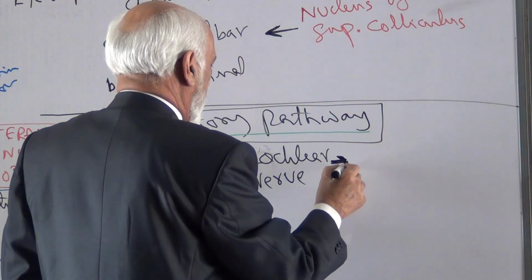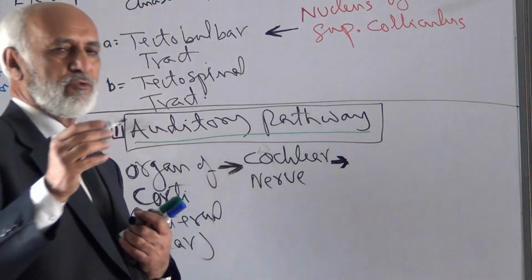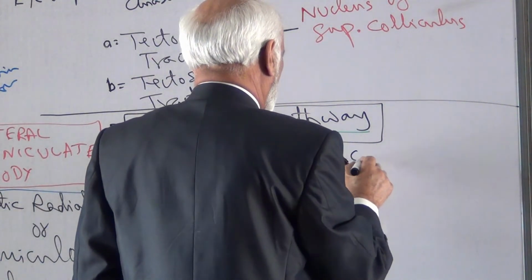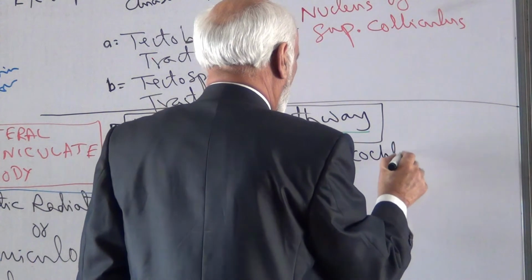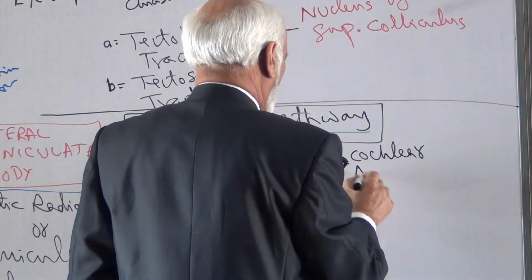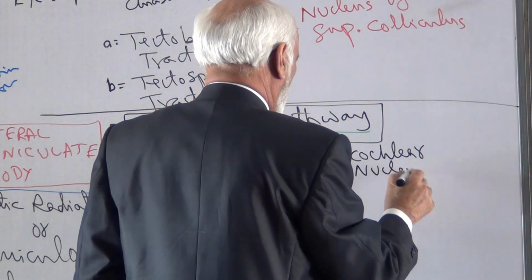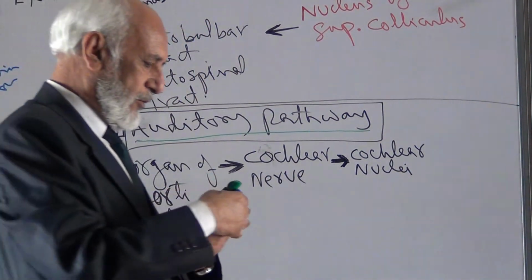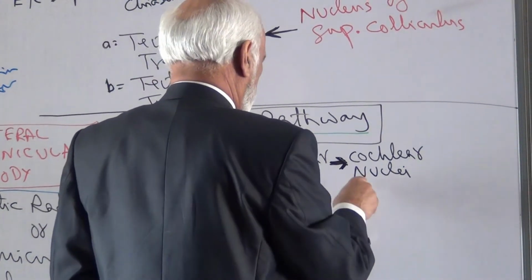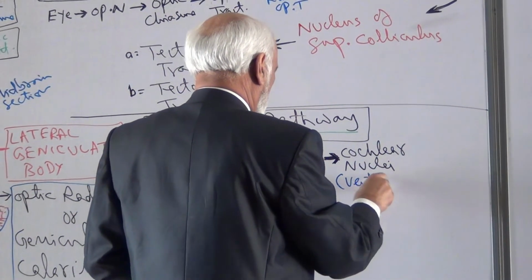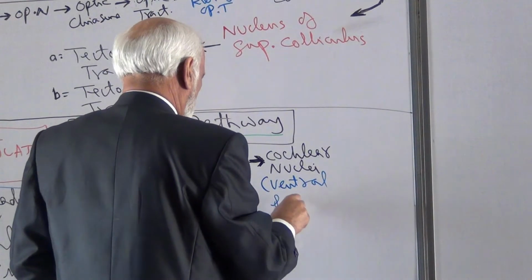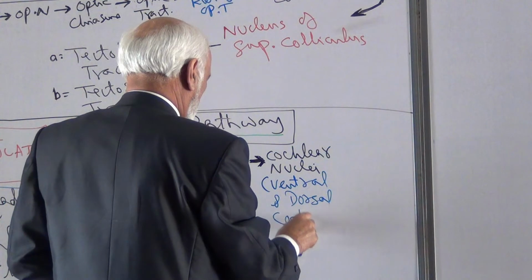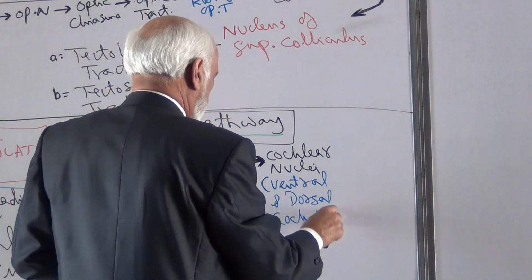In the upper part of the medulla oblongata, close to the inferior cerebellar peduncle, there are cochlear nuclei: one ventral cochlear nucleus and the other dorsal.